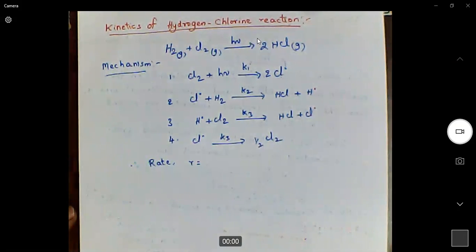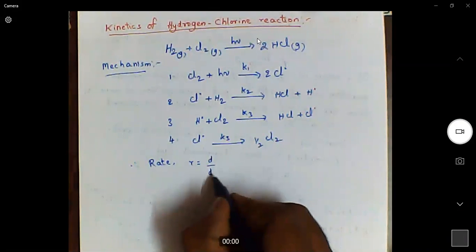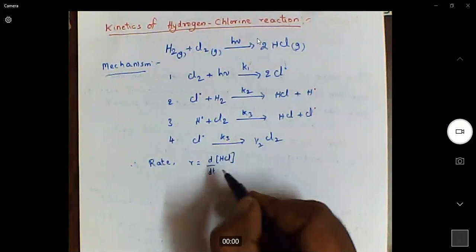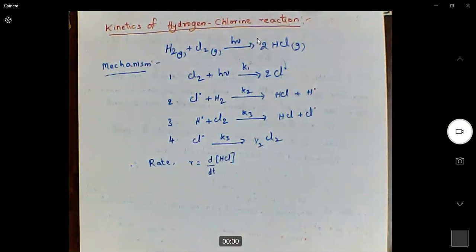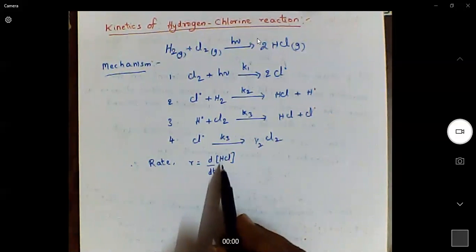What is the definition of rate of reaction? Rate of reaction is the change in concentration. Generally, if it is a product, we will have a positive sign, rate of increase in the concentration of products.